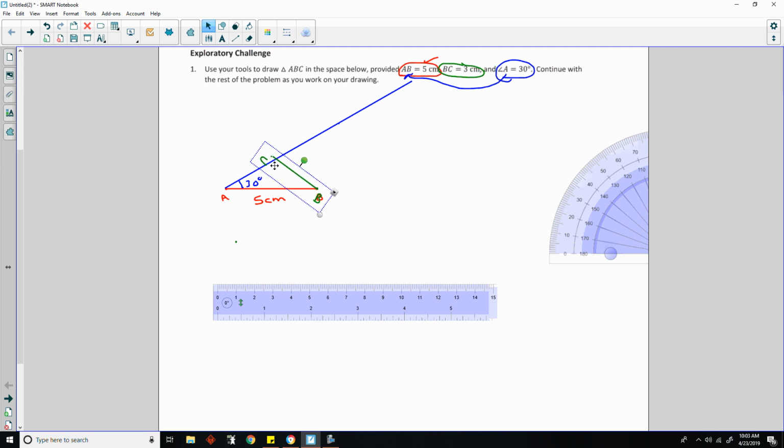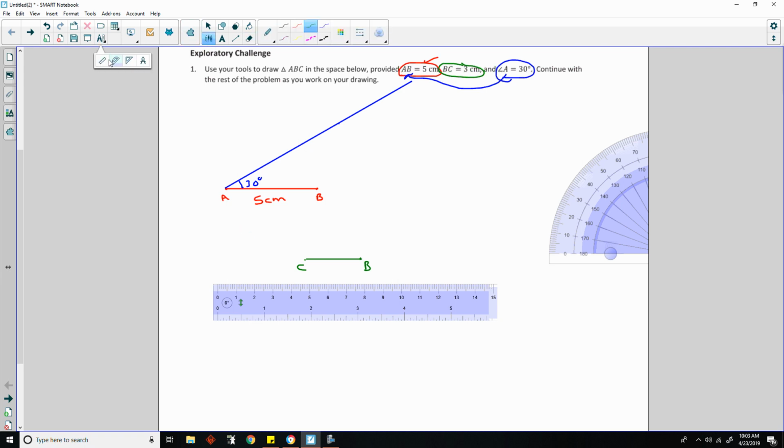It's overlapping. It would get cut off and it'd be less. So I need to rotate that until I can find where it would be. Now the easiest way for me to do that would be to get a compass.